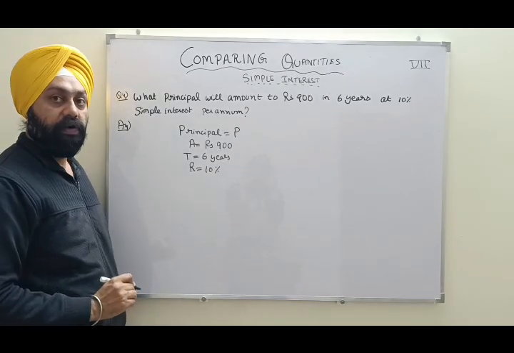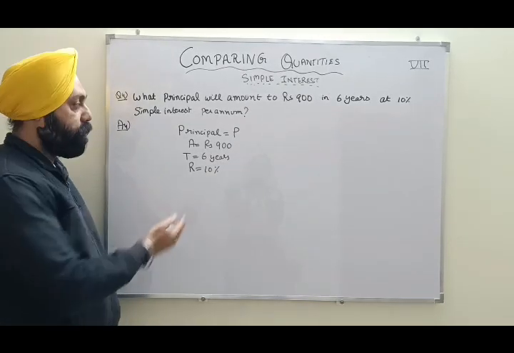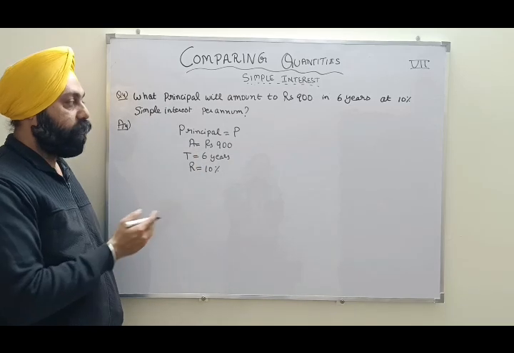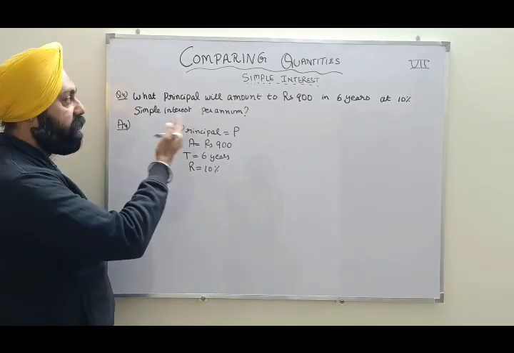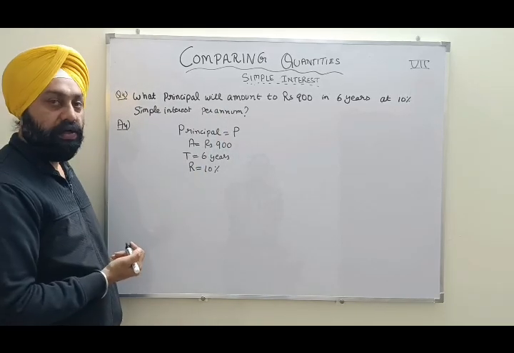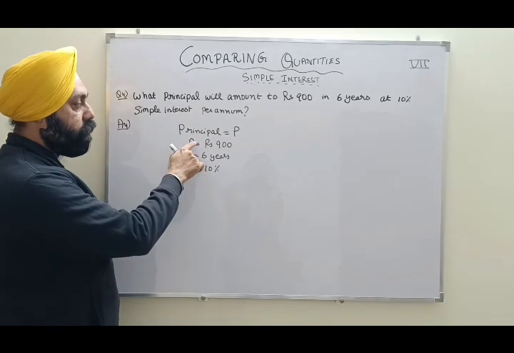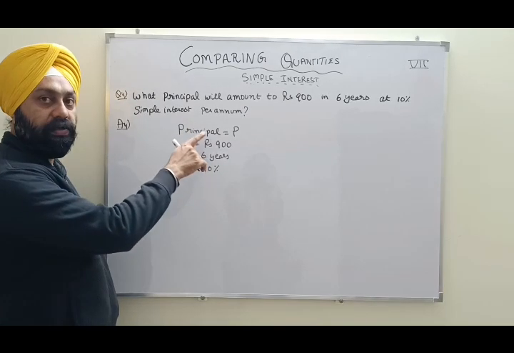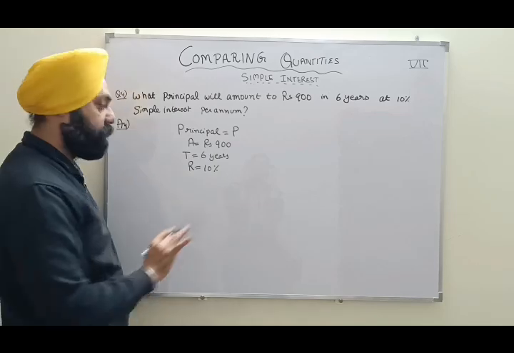We have the formula of simple interest connecting principal, rate of interest and time, but we have to find simple interest first. In this question, simple interest is not given, but amount is given, and using this amount we can find the relation between simple interest and the principal.